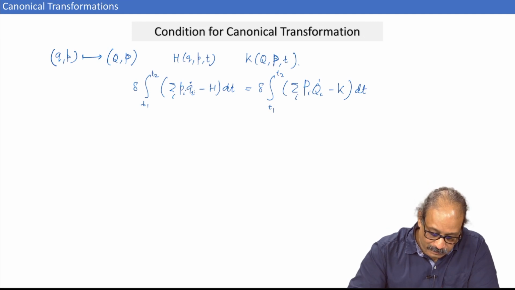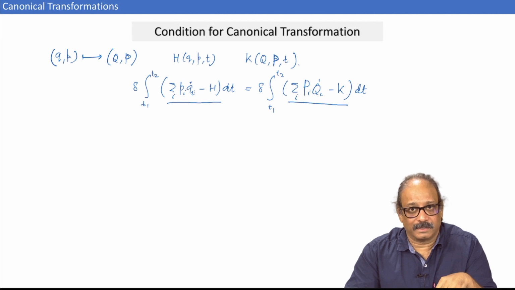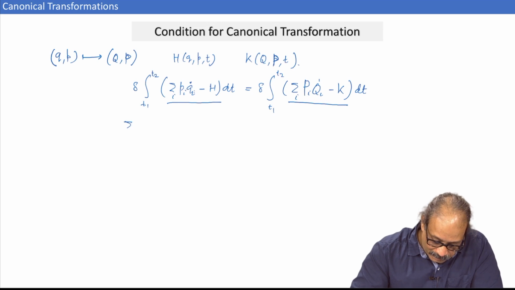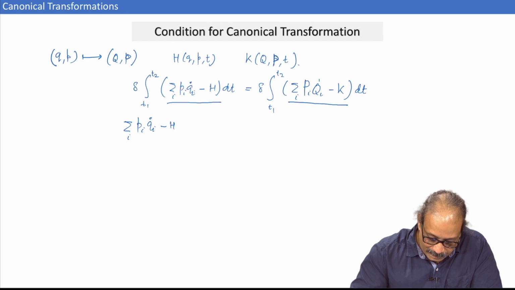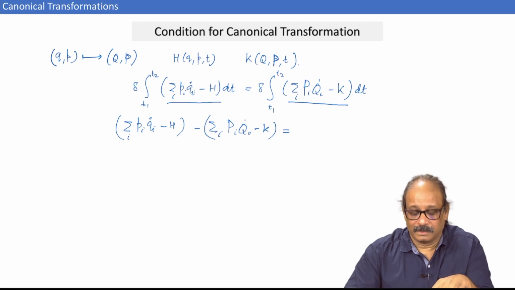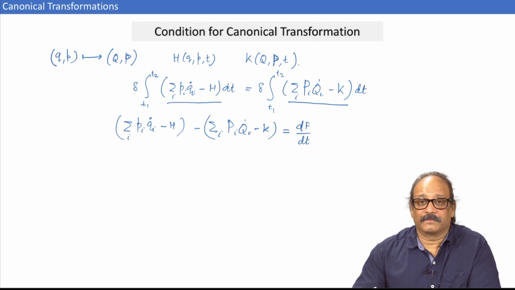Now, because these two functions have the same stationary point, it does not mean that they are necessarily equal. They can differ from each other. What must happen is that the difference, sum over I p I q I dot minus H, minus sum over I capital P I Q I dot minus K, must be equal to the total derivative of some function.